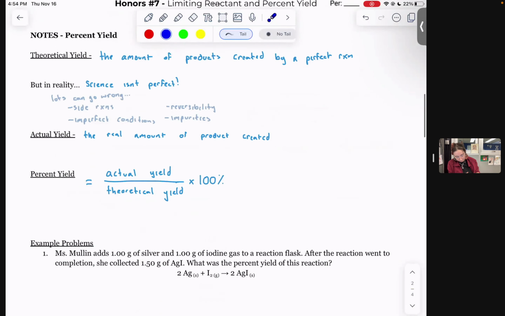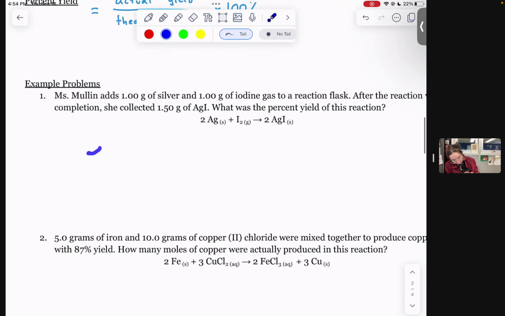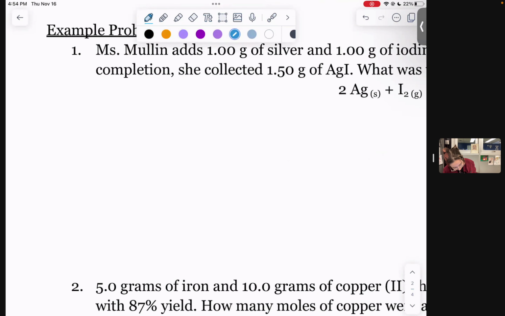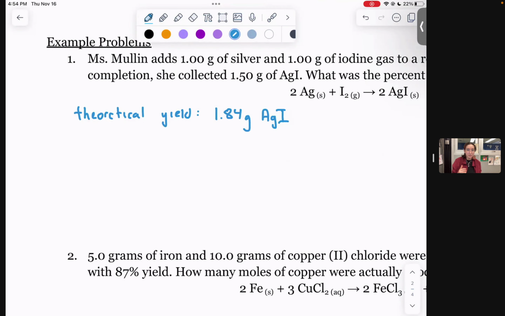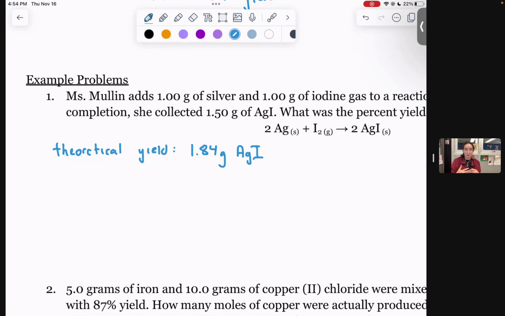So from up here, my theoretical yield for this reaction was 1.84 grams of silver iodide. On a problem where you haven't already calculated it, you'd have to calculate your theoretical yield, but it is just the math we've been doing. The theoretical yield is what you get from your stoichiometry calculations. So that's my theoretical.